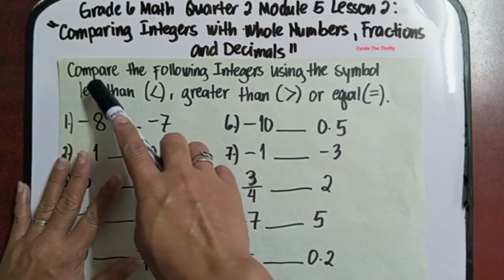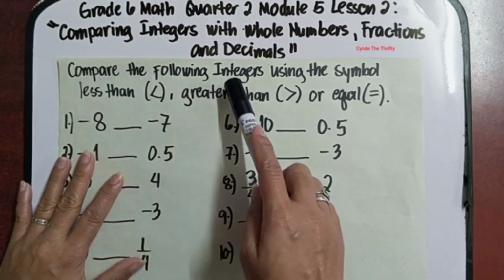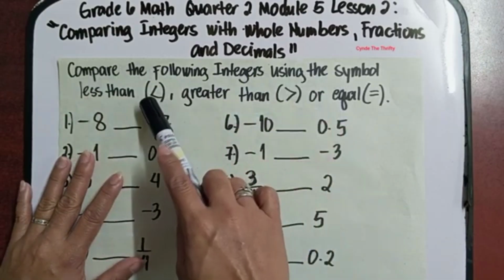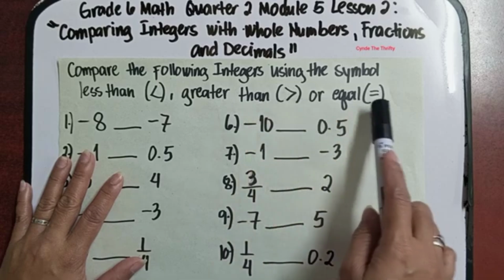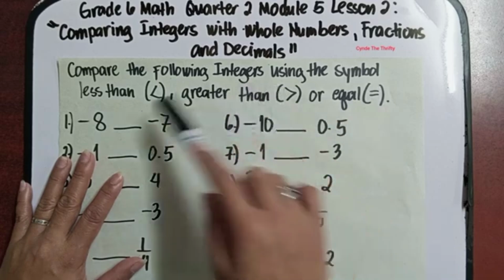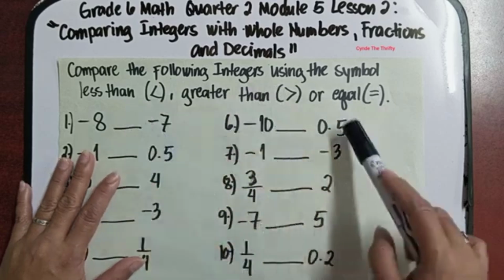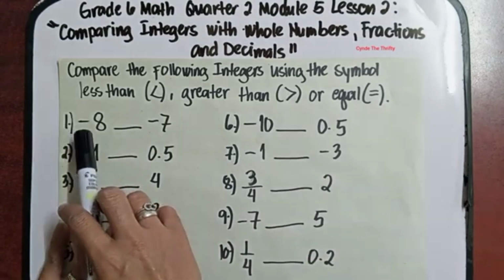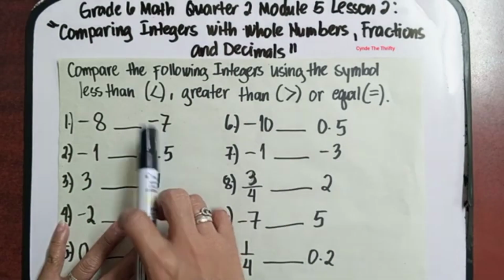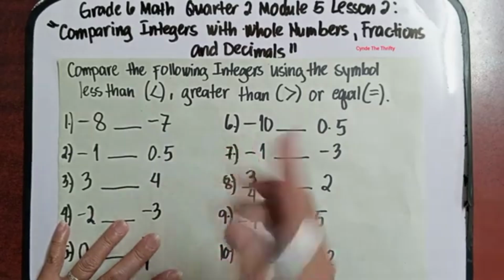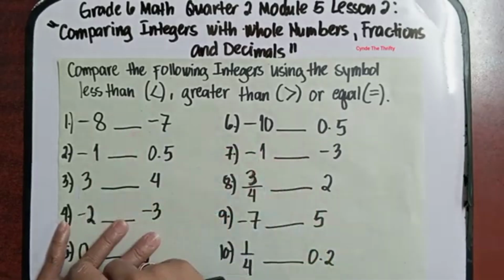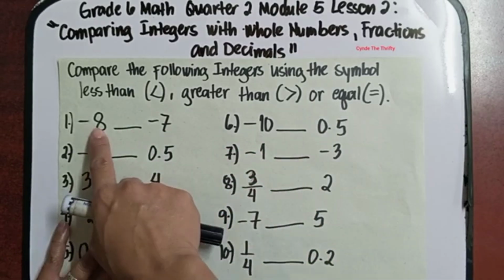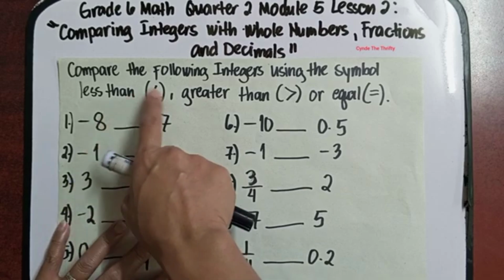So now, compare the following integers using the symbol less than, greater than, or equal. This is what we will use to compare our integers here. Okay, first, number 1, negative 8 compared to negative 7. They are both negative numbers. What symbol will we use?